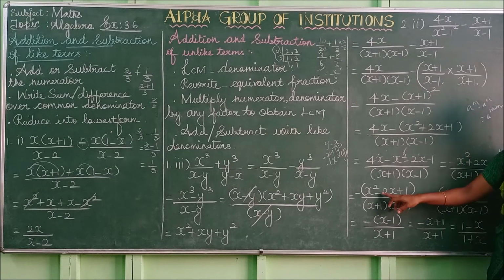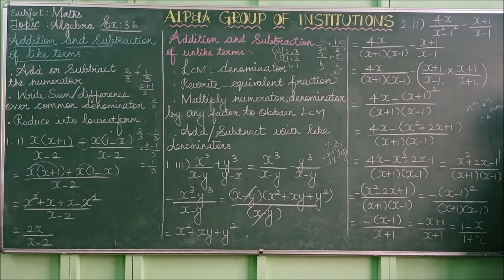This is in the form a squared minus 2ab plus b squared. The formula for that is a minus b whole square. Here a is x, b is 1, so x minus 1 the whole square. Then the powers: you know another formula, a power m divided by a power n equals a power m minus n.